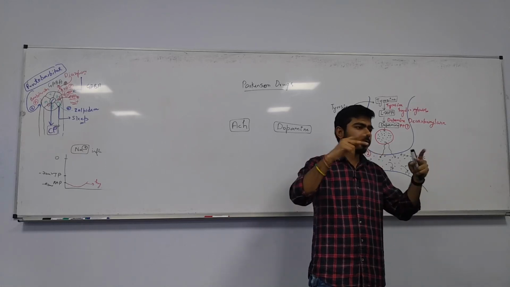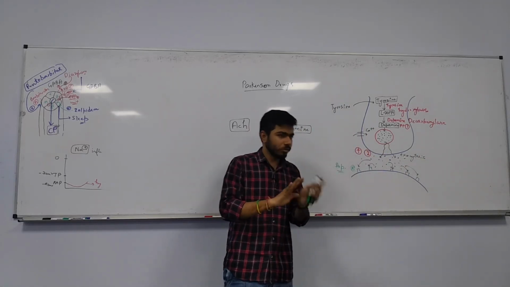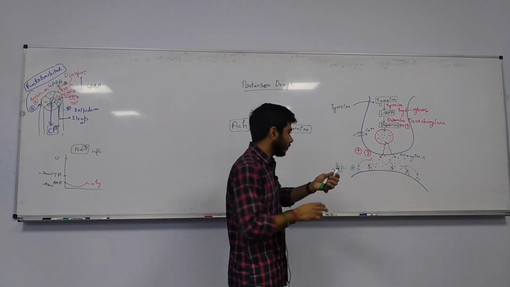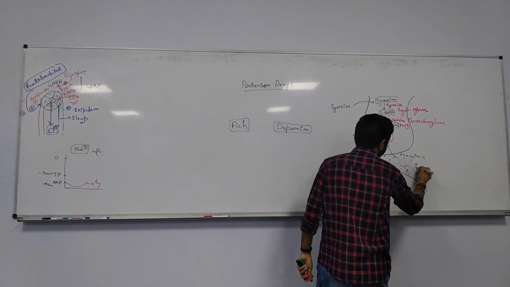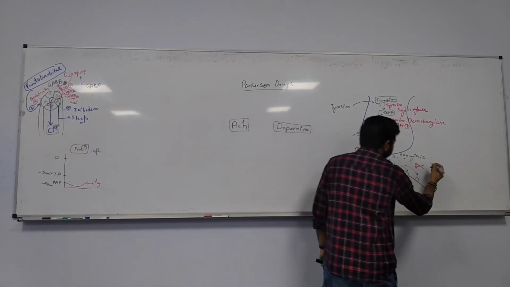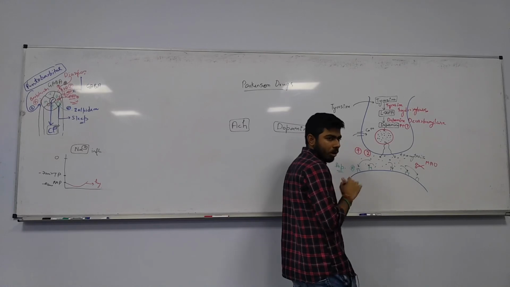What were those? Acetylcholinesterase, right? Likewise, we have scissors present over here as well. What are the names of these? These are monoamine oxidase, MAO.